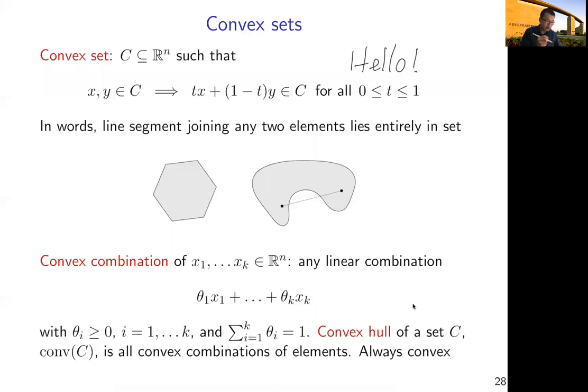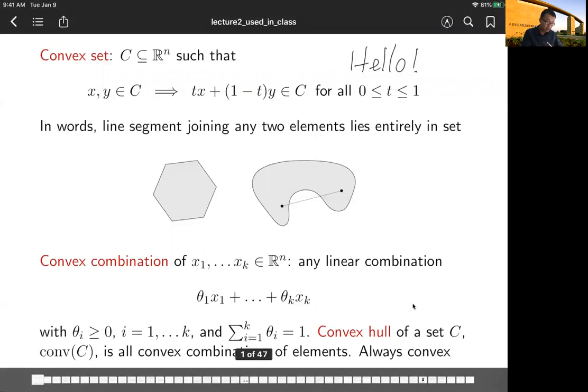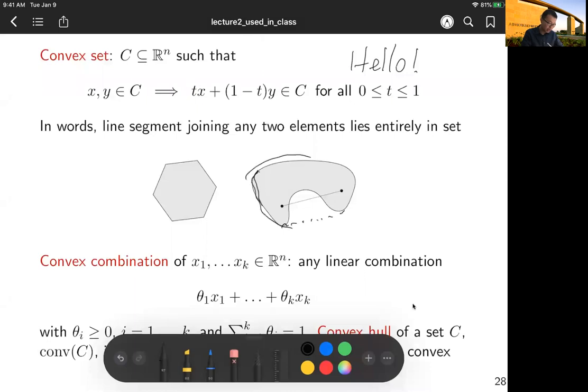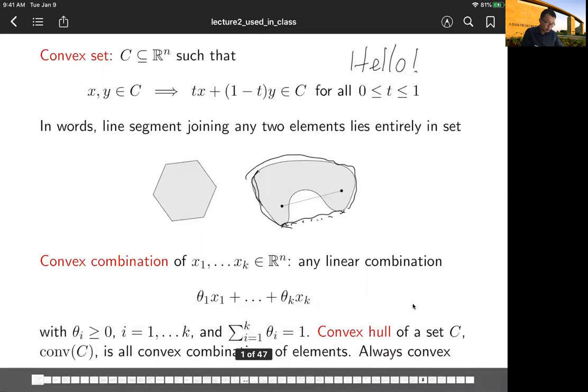The convex hull of, say, the non-convex set on the right-hand side with this kidney shape would be, connecting it like that, the set that looks like that would be the convex hull of all the points inside this non-convex set. So with this convex hull, we are able to convert any set of points and any set into a convex set.